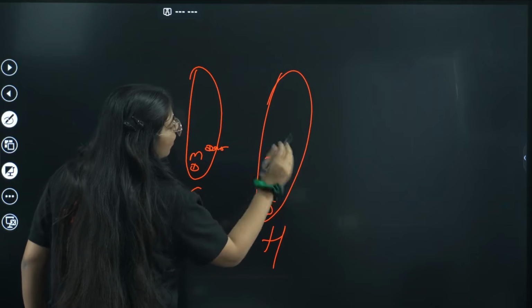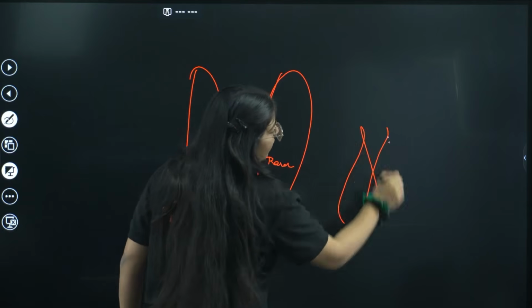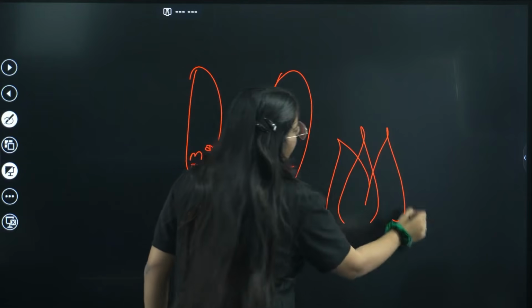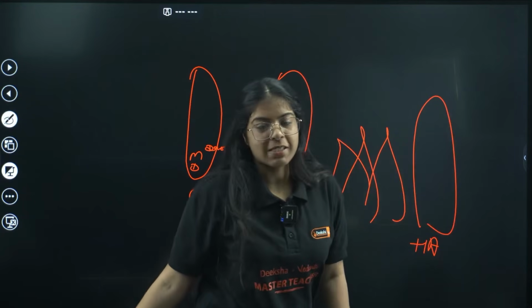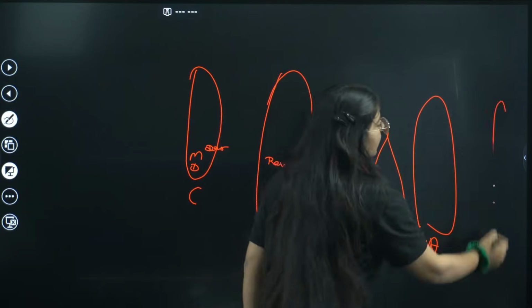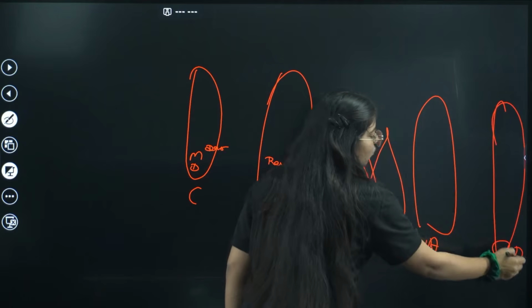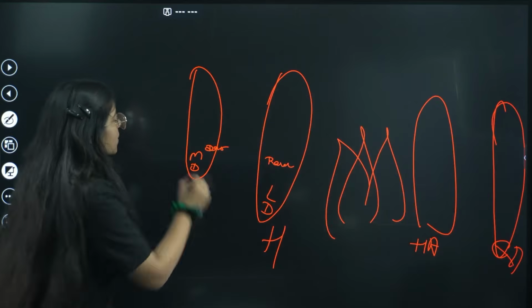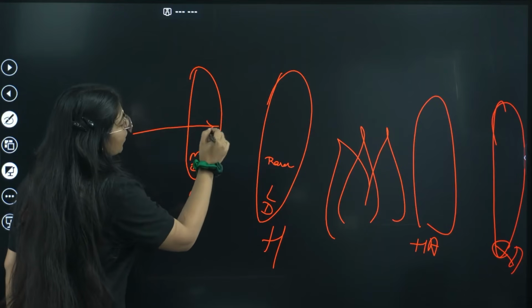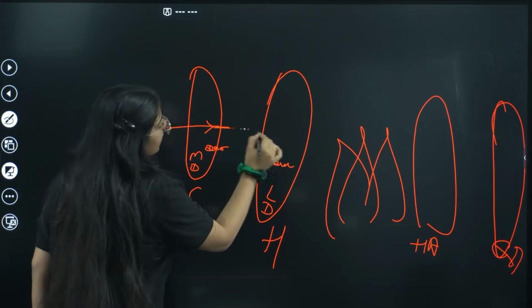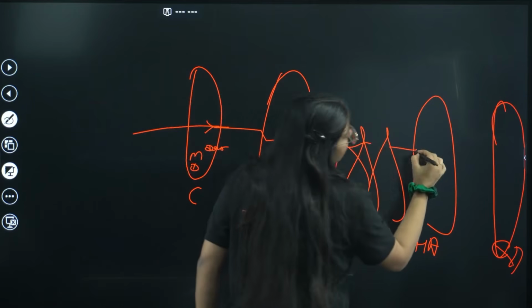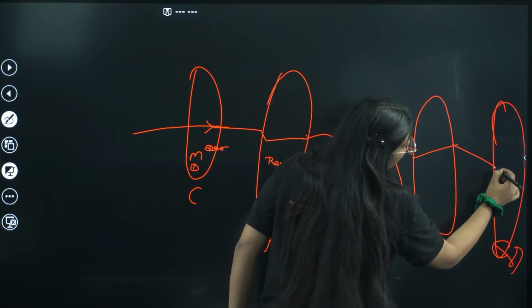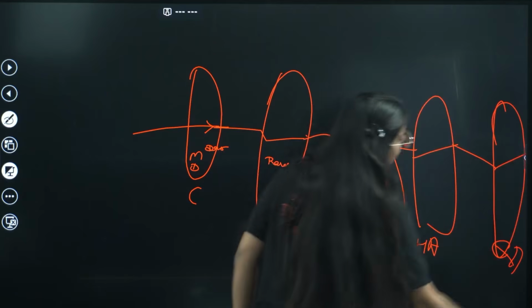Then there is fire here, and then again there is hot air, and you will not be standing near hot air, right? You will be standing somewhere cool. So, this is cool air. What is happening is, light enters the cold air, then it gets refracted, and in the hot air it's the same, it gets refracted again, and then in cold air it gets refracted again, finally reaching your eyes.